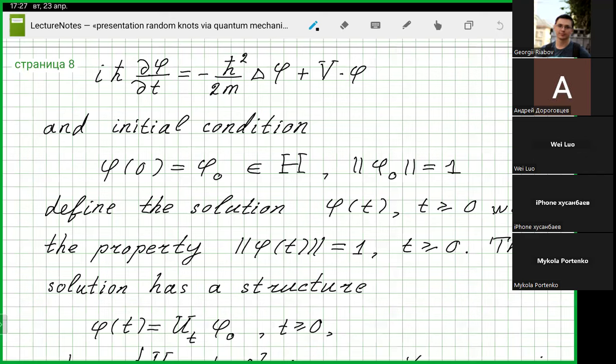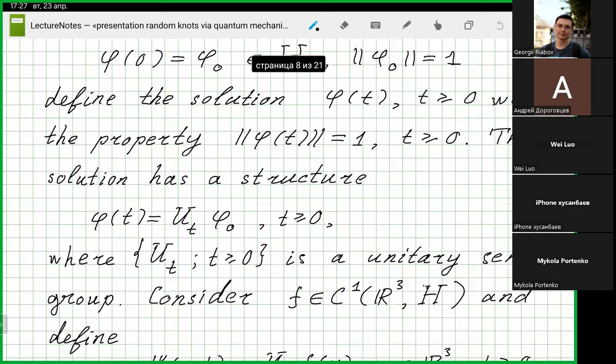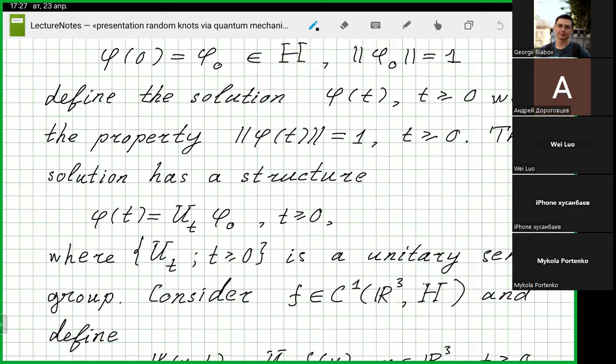The solution is like phi t equals U(t) multiplied by phi 0, where U(t) is a unitary semigroup, because the Laplacian plus some potential is a self-adjoint operator. So this is a unitary semigroup.